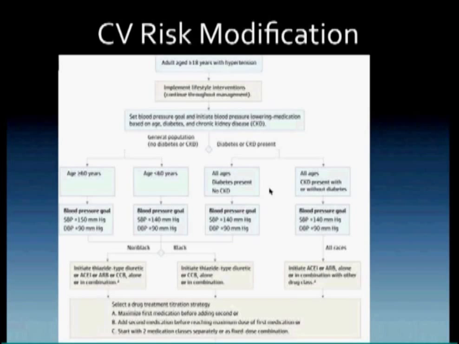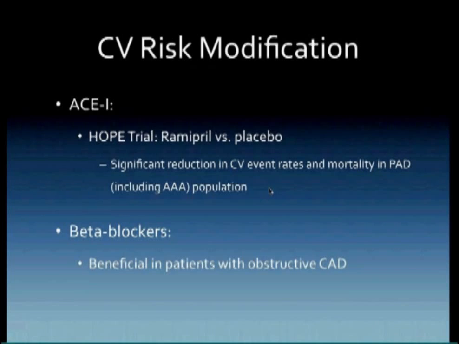But definitely having optimal blood pressure control is important in cardiovascular disease risk modification. ACE inhibitors: the HOPE trial randomized patients to ramipril versus placebo, and there was a significant reduction in cardiovascular event rates and mortality, especially in the peripheral artery disease group, which included AAA patients.